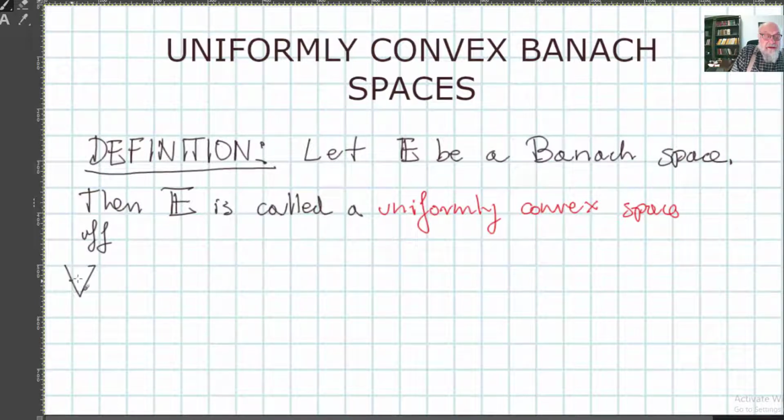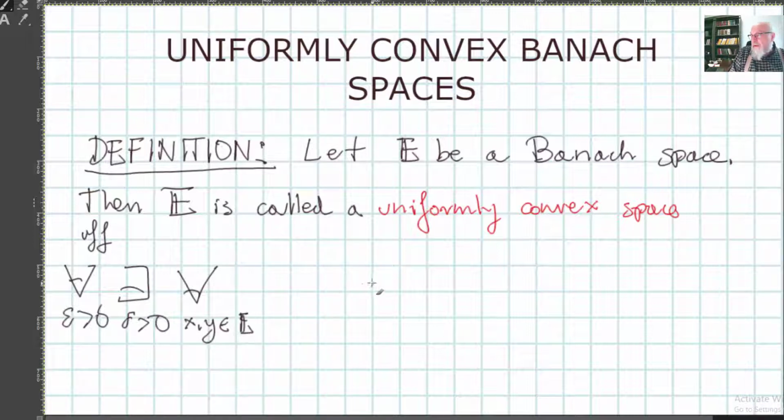For every epsilon larger than 0, there exists a delta larger than 0, such that for every x and every y belonging to E, and now we have two conditions: x must be in the unit ball, y must also be in the unit ball, and we also assume that their distance is larger than epsilon.